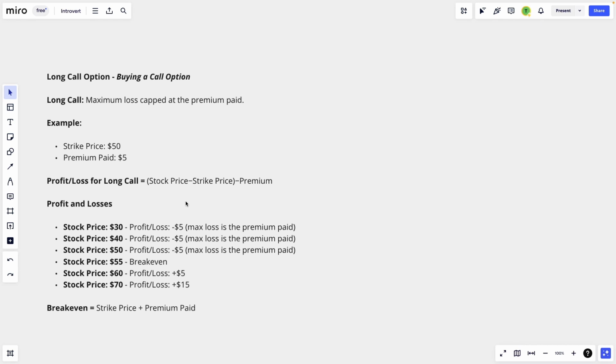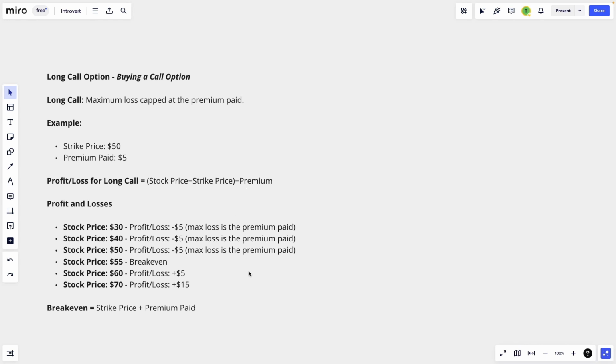And then the loss is going to be capped at $5. So if the stock price is way down at $10 and you have the right to buy it at 50, you would never ever do that. You would never buy a stock at $50 when it is selling at the market for something less. Therefore, the loss is just going to be the premium that you paid. That option would expire worthless and you would just lose the $5.